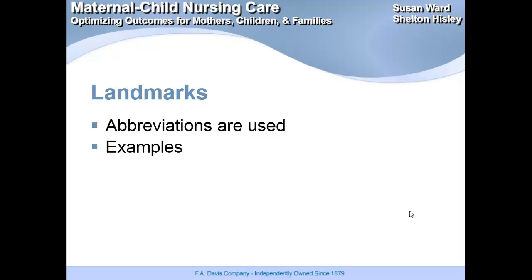So, for example, if baby was positioned at the right occiput anterior, it's going to be ROA. That first letter correlates with the side, that middle letter correlates with baby's presenting part, and then that last letter again, are they anterior or posterior?